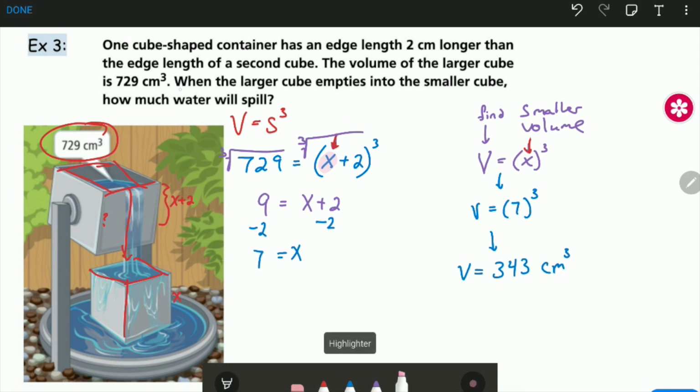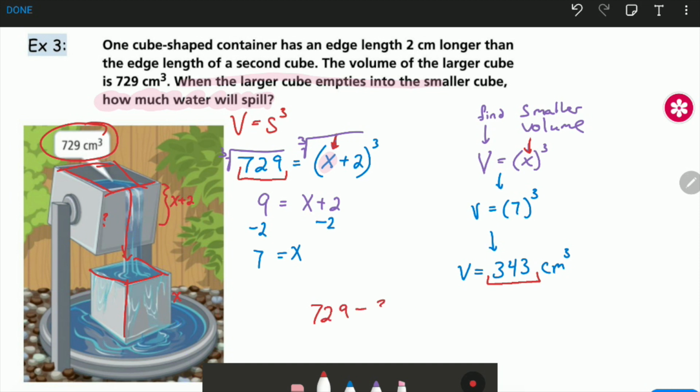This question is posing, when the larger one empties into the smaller one, how much of the water will have been spilt? I know the volume of the bigger one is 729 cubic centimeters, but the smaller one can only contain 343 cubic centimeters. So the difference between the two would be what is spilt.